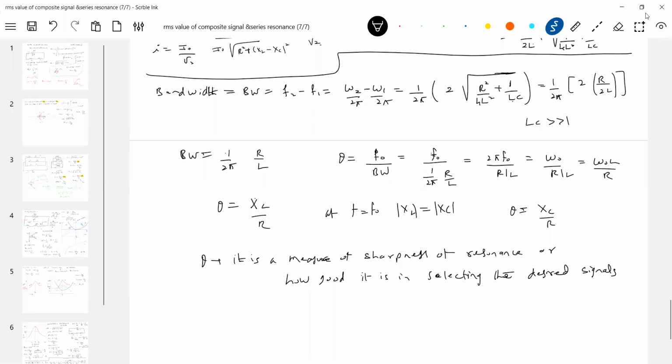This is something very important in communications. For us, it's only mathematics because we never understand what you mean by selecting that particular thing. How good it is in selecting the desired signals by a receiver circuit, by a tuning circuit.